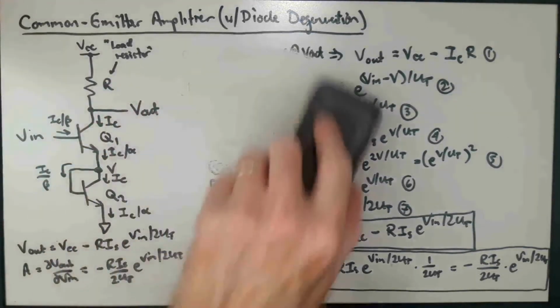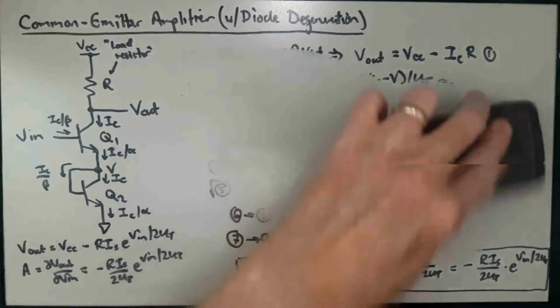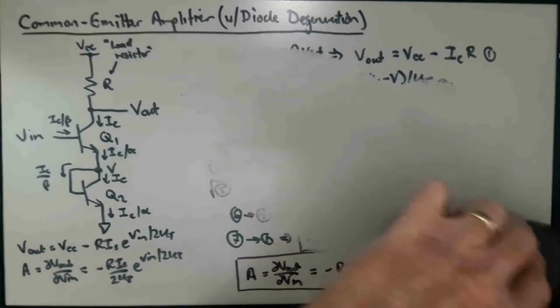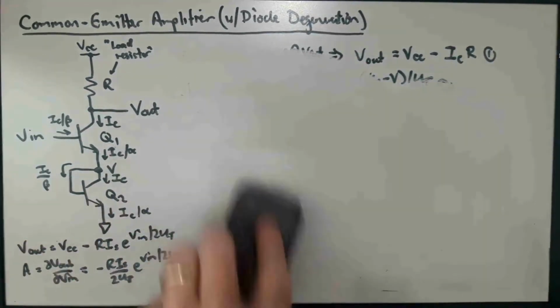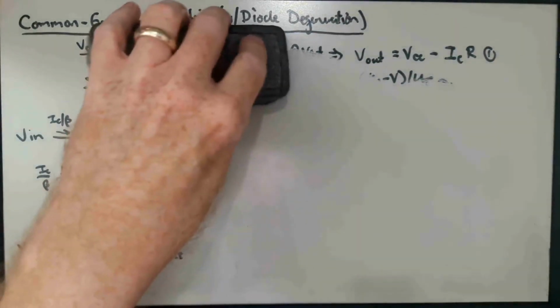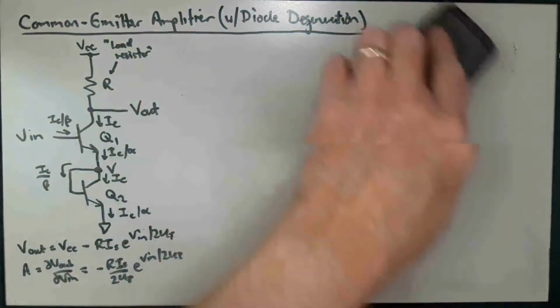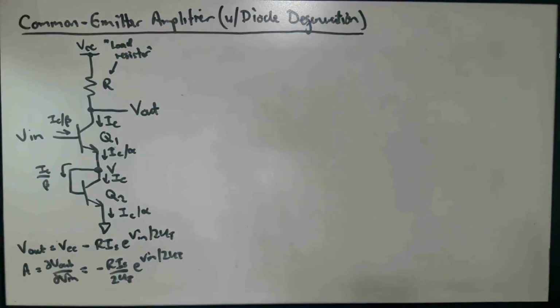Give this some space. And we'd like to sketch this voltage transfer characteristic and go back and check our assumption about the forward active model applying to our circuit, or Q1. Okay?